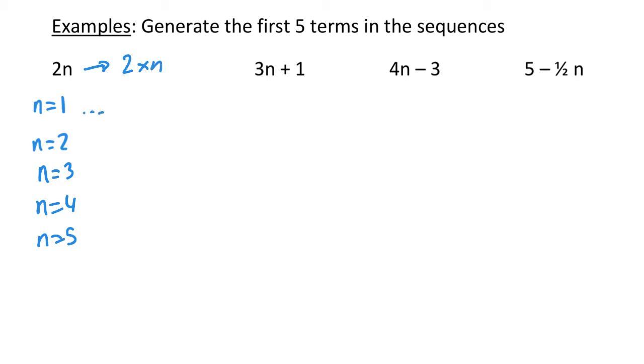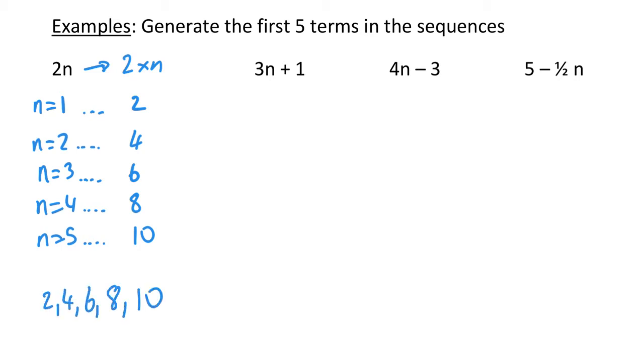So 2 times n, when n is 1, is 2. When n is 2, 2 times 2 is 4. When n is 3, 3 times 2 is 6. When n is 4, 2 times 4 is 8. And when n is 5, 2 times 5 is 10. So the first 5 terms are 2, 4, 6, 8, and 10.